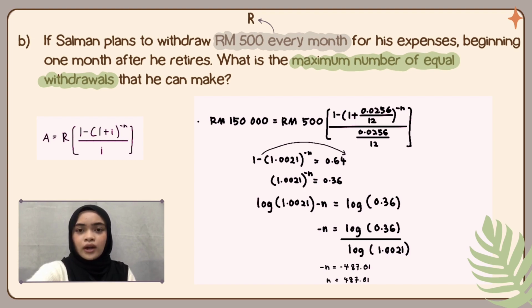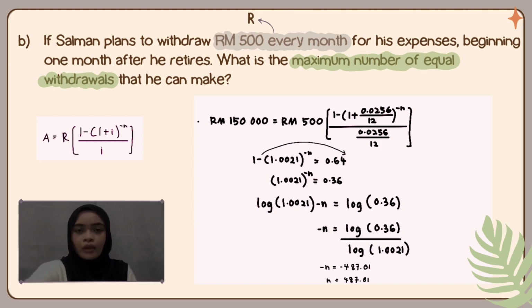So A is 150,000 equals R, 500 ringgit, times 1 minus (1 plus 0.0256 divided by 12) to the power of negative n, divided by I, 0.0256 per 12.